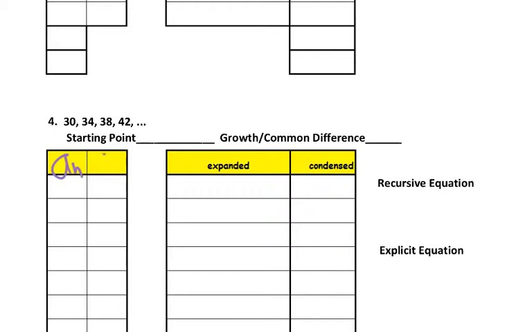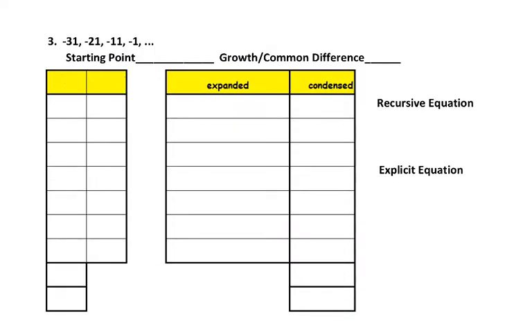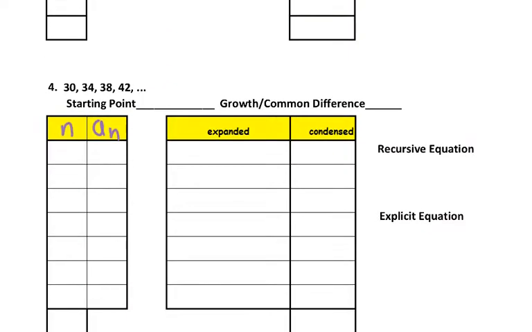On all of these, n and a sub n for my input and my output. There we go. For the recursive, a sub n equals a sub n minus 1, and a sub 0 equals, right? That's what we always do on recursive. We always are going to have those parts. Always, always, always.